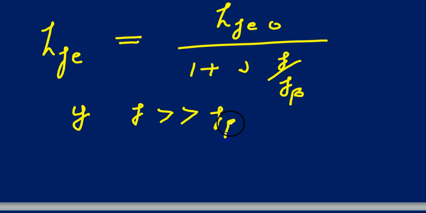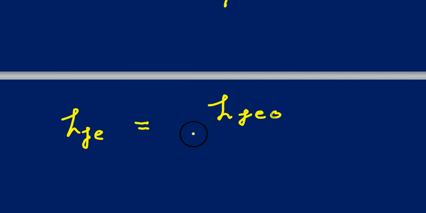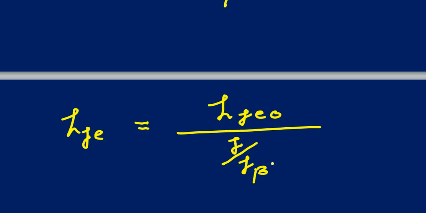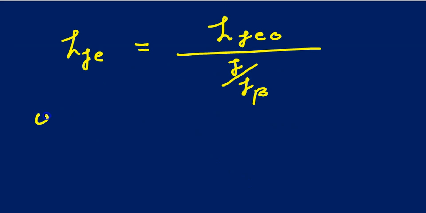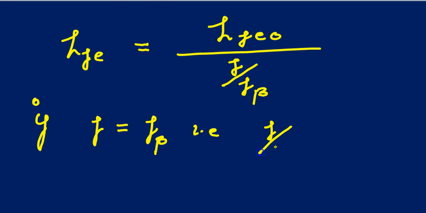Now if f is greater than f beta, 1 may be neglected. So this relation shows just a straight line.